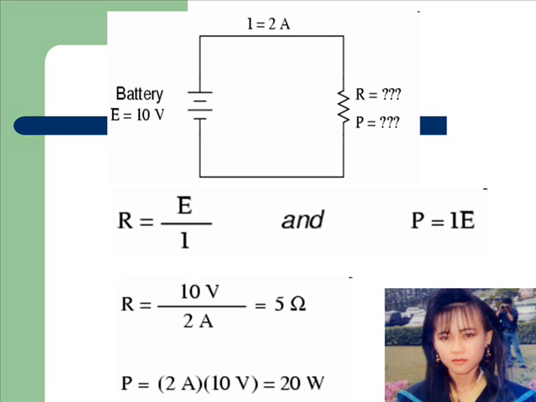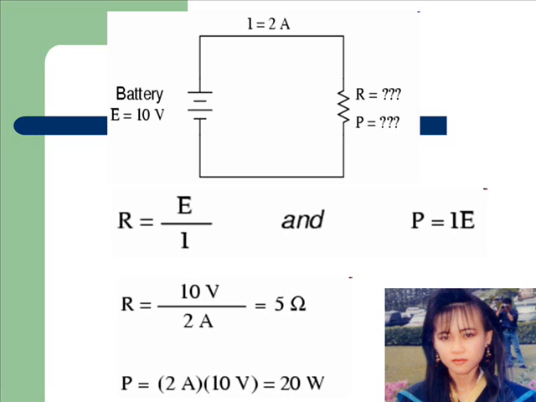All we've been given here to start with is the battery voltage, 10 volts, and the circuit current, 2 amps. We don't know the resistor's resistance in ohms or the power dissipated by it in watts. Surveying an array of Ohm's law equations, we find two equations that give us answers for unknown quantities of voltage and current.